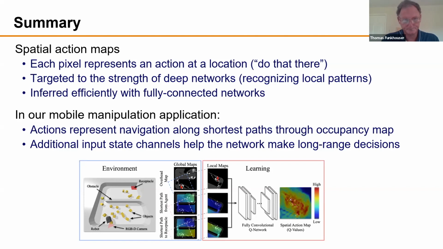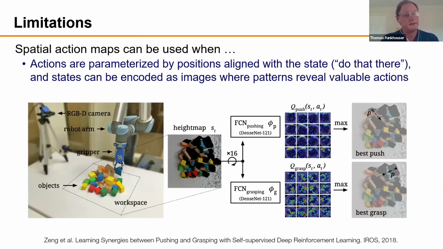Of course, spatial action maps are not useful for all tasks in robotics. They're appropriate for ones where the actions can be parameterized by positions aligned with the state, and where states can be encoded as images, where the pixels represent locations in the real world, and patterns in the states reveal valuable actions.